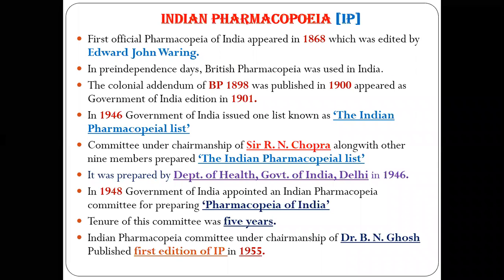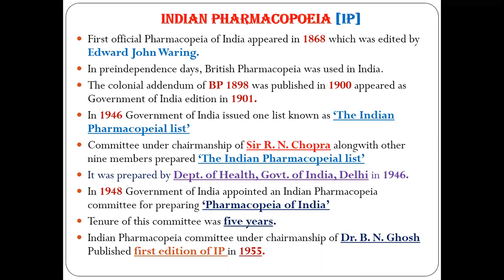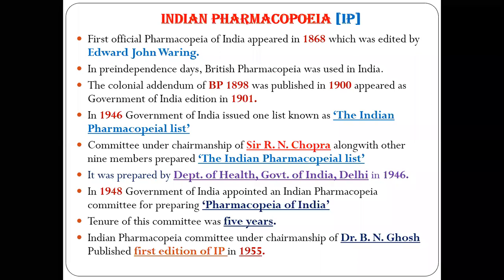They took near about 5 years to prepare the total pharmacopoeia, even though the list was already prepared. It means in 1948 they started to prepare the pharmacopoeia, and after 5 years, finally in 1955, they finalized the first edition of the Indian Pharmacopoeia.